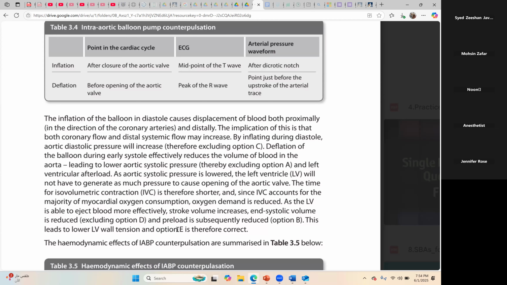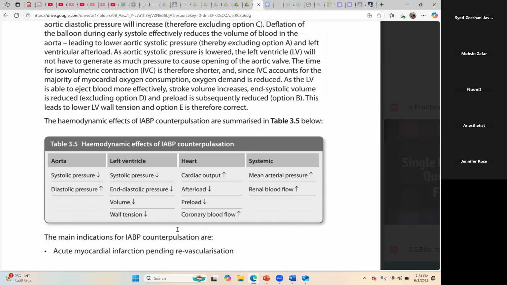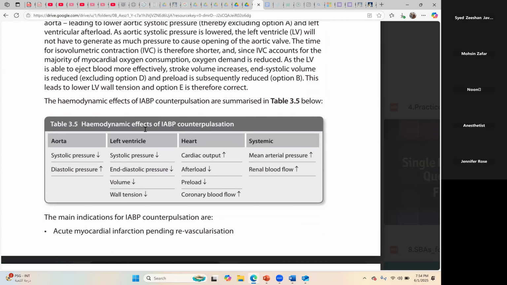Now we will see the hemodynamic effects of intra-aortic balloon counterpulsation. Aortic systolic pressure decreases, diastolic pressure increases. Left ventricle systolic pressure decreases, diastolic pressure decreases, volume decreases, wall tension decreases. Cardiac output increases, afterload decreases, preload decreases, coronary blood flow increases. Systemic mean arterial pressure increases and renal blood flow increases. So those are the positive effects of the intra-aortic balloon pump.